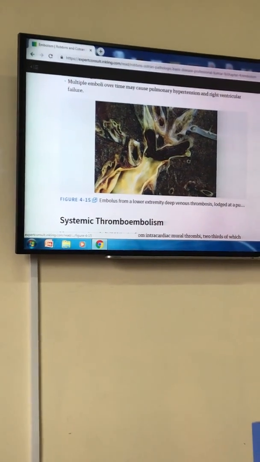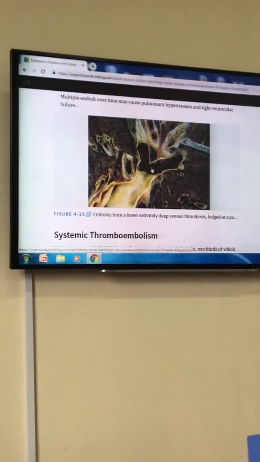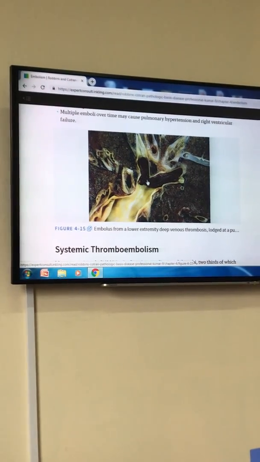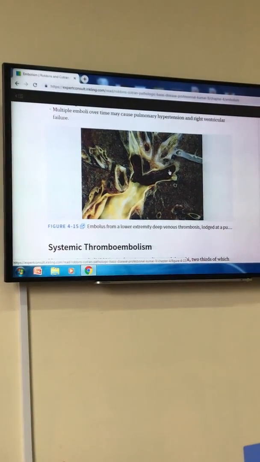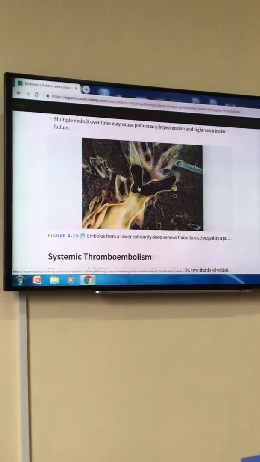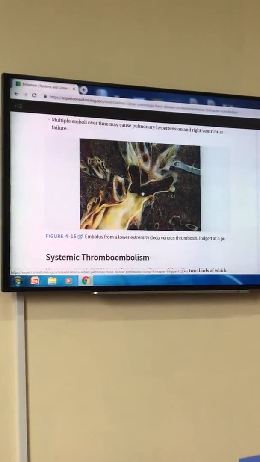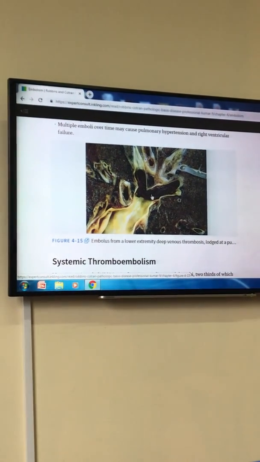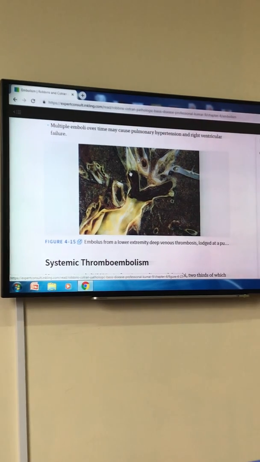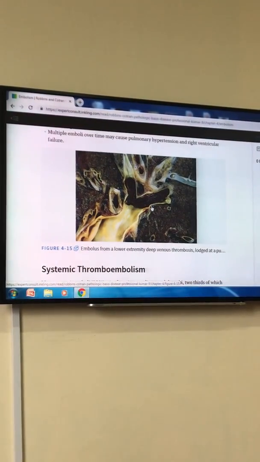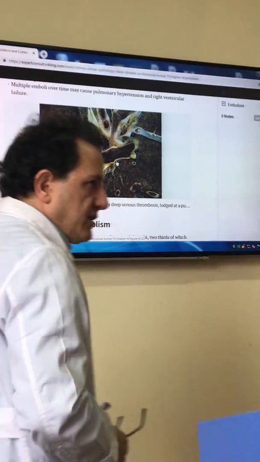You see this picture, this is the thrombosis from deep veins of leg that has traveled to the pulmonary artery at this bifurcation area and has given a form of saddle. That's why it's also called saddle embolus. Do you know what is saddle?